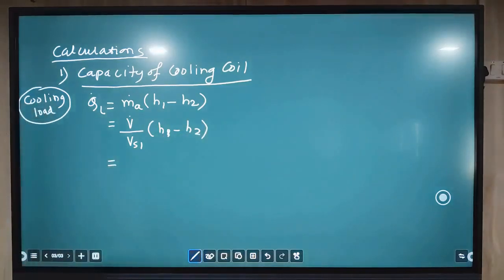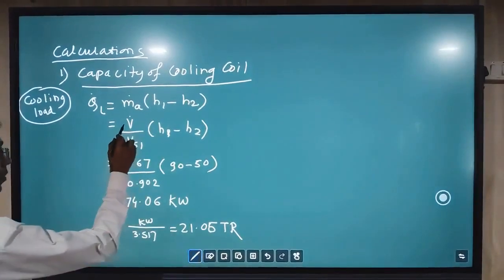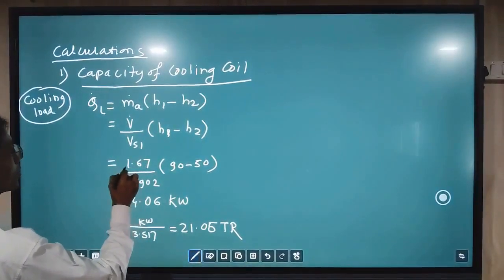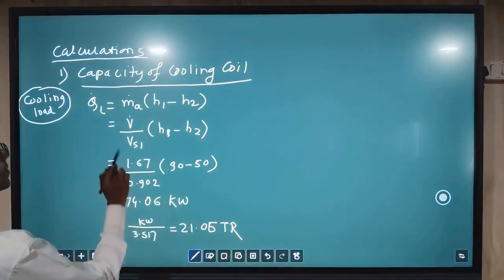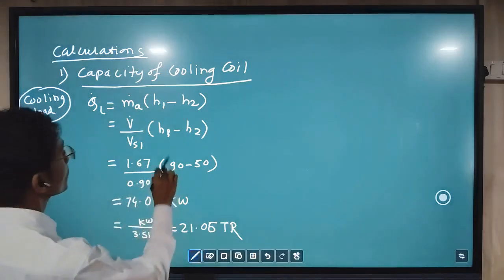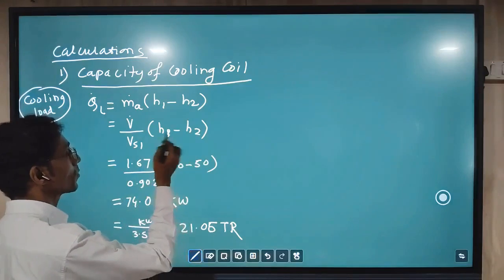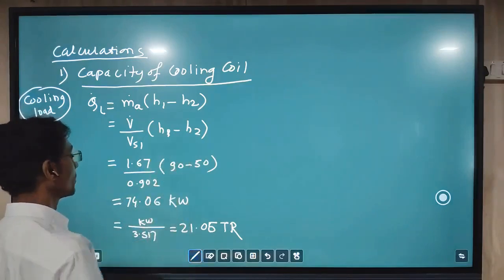So putting in the values: volume flow rate in meter cube per second 1.67, specific volume obtained from the psychrometric chart in meter cube per kg, enthalpies before and after the process 1 and 2, 90 minus 50.